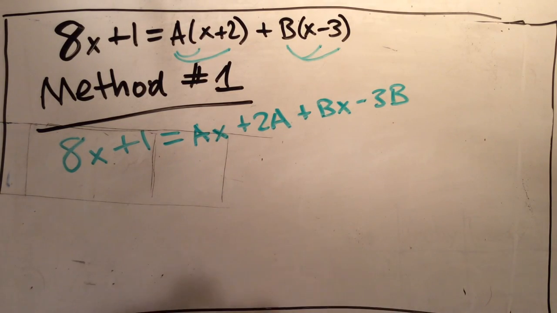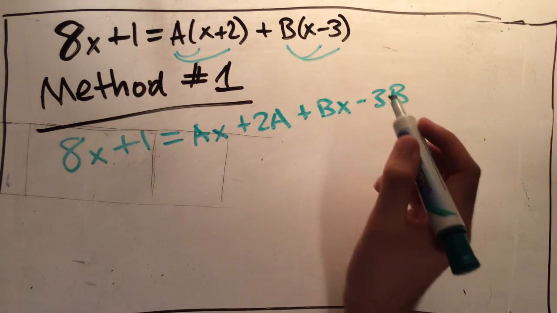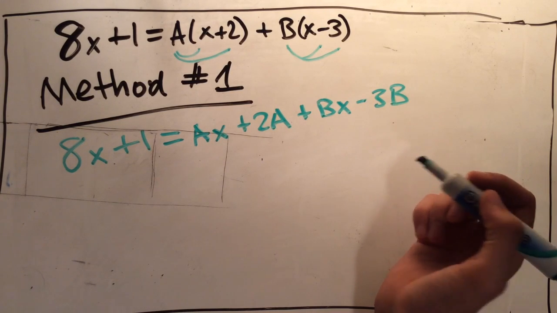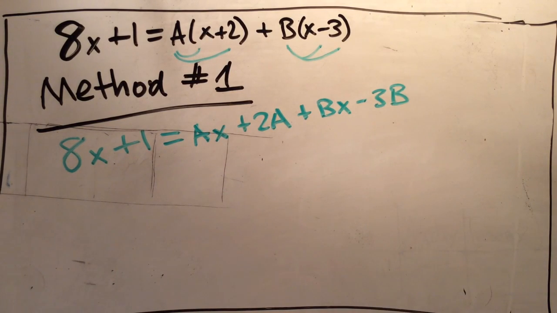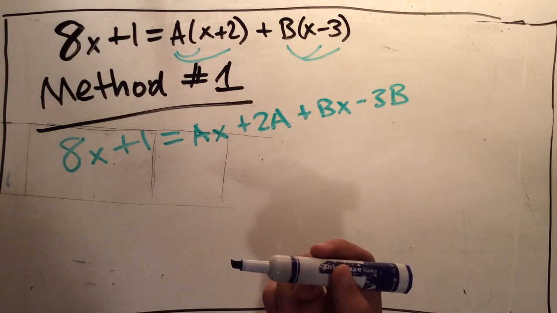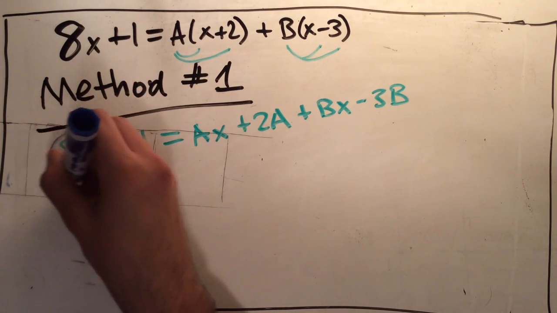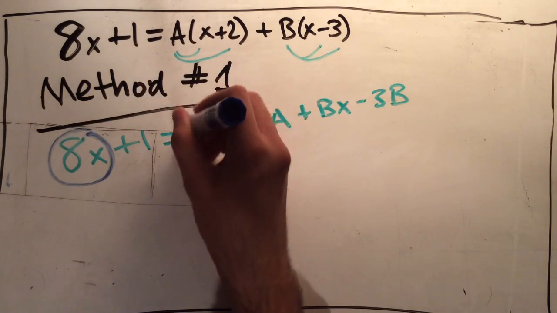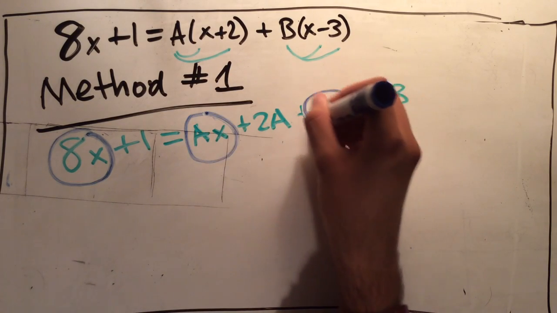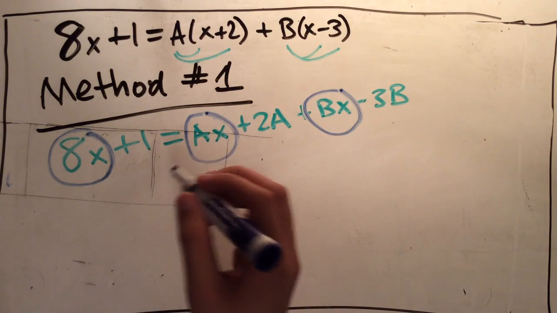And now we're going to take the like terms out of this equation, and we're going to create two separate equations out of it. So we have 8x, we have ax, and we have bx.